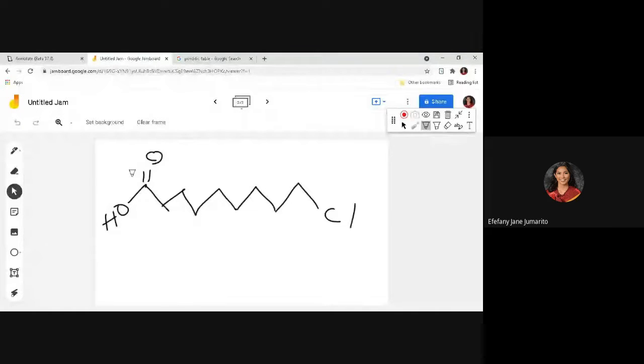Name this one, parent chain we have. Okay, this is your carboxylic group. This one is your carboxylic group. So let's count, we start from the carbon. 1, 2, 3, 4, 5, 6, 7, 8, 9. Okay, so this one is non. Non. Okay.